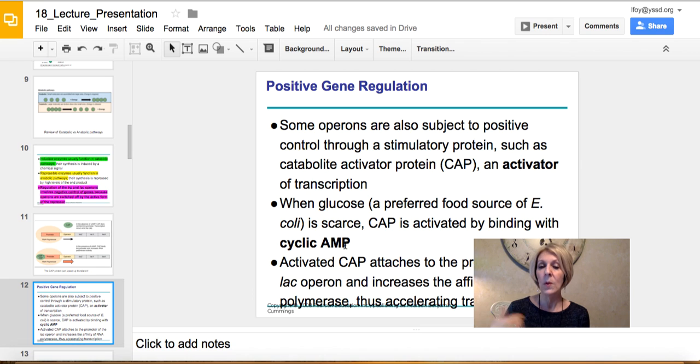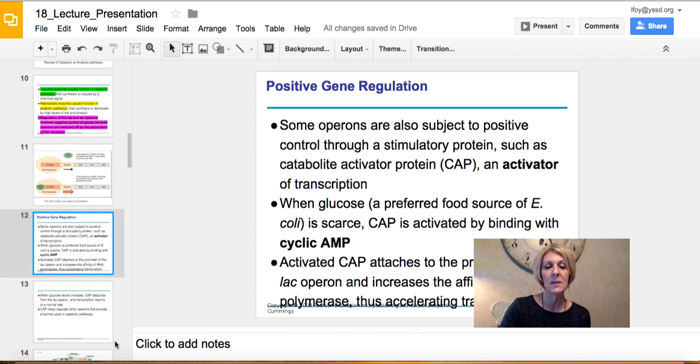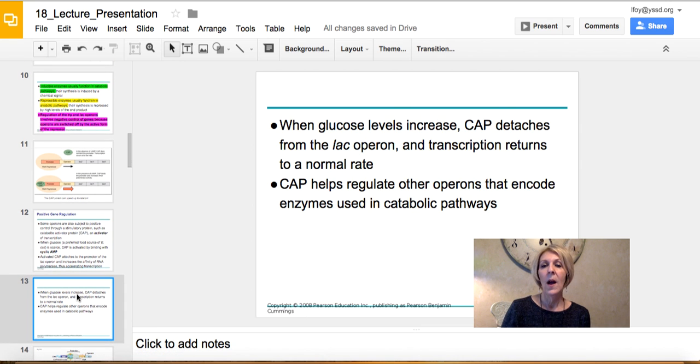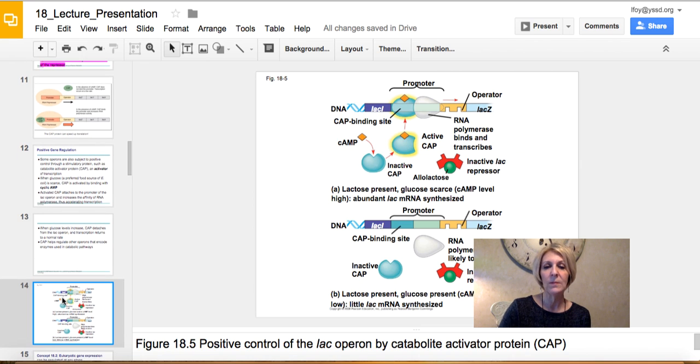And so when the cell needs some more ATP, then this is going to be activated and it is going to help to speed up the transcription on the lac operon, which is going to make those enzymes to break down lactose, and then the cell can have the glucose because these enzymes in the lac operon break down lactose into glucose, and glucose is then burned by the cell to make some ATPs. So that is an example of the positive gene regulation.